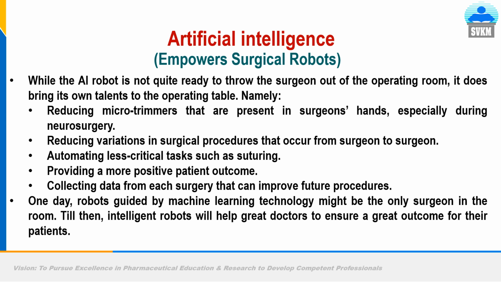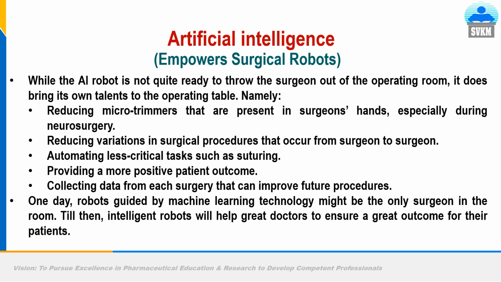AI is empowering surgical robots also. While the AI robot is not quite ready to throw the surgeon out of the operating room, it does bring its own talent to the operating table. For example, by reducing micro tremors that are present in surgeons' hands, especially during neurosurgery, and reducing variations in surgical procedures that occur from surgeon to surgeon. It is important, but these types of variations are not there when we use robots in surgery.